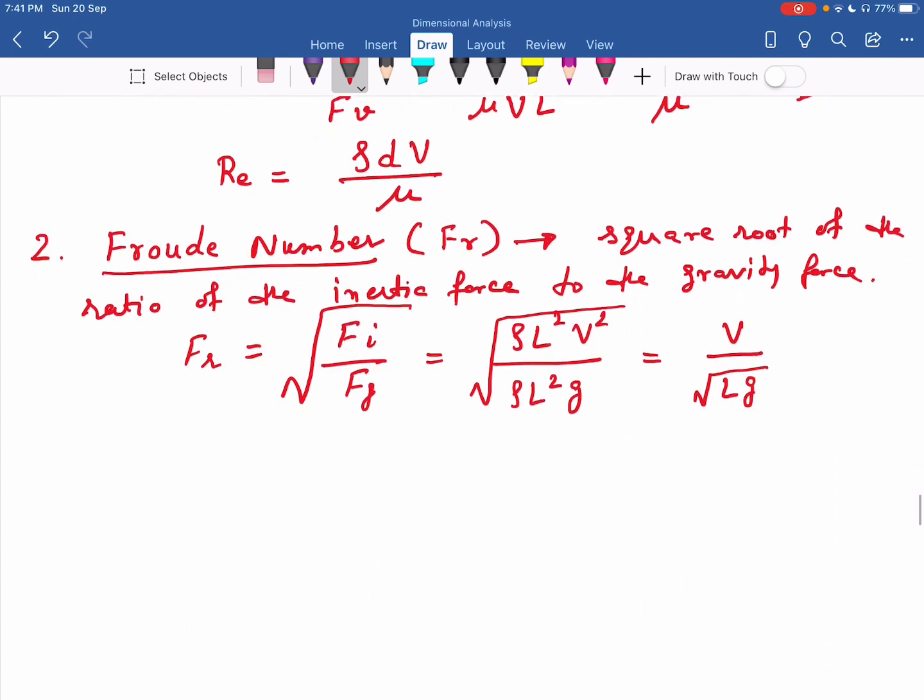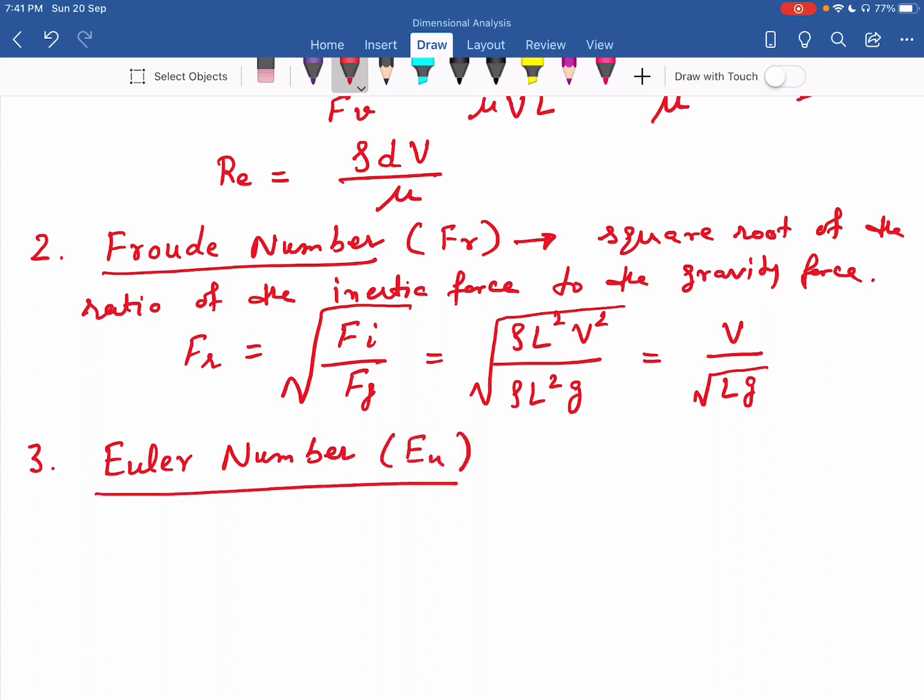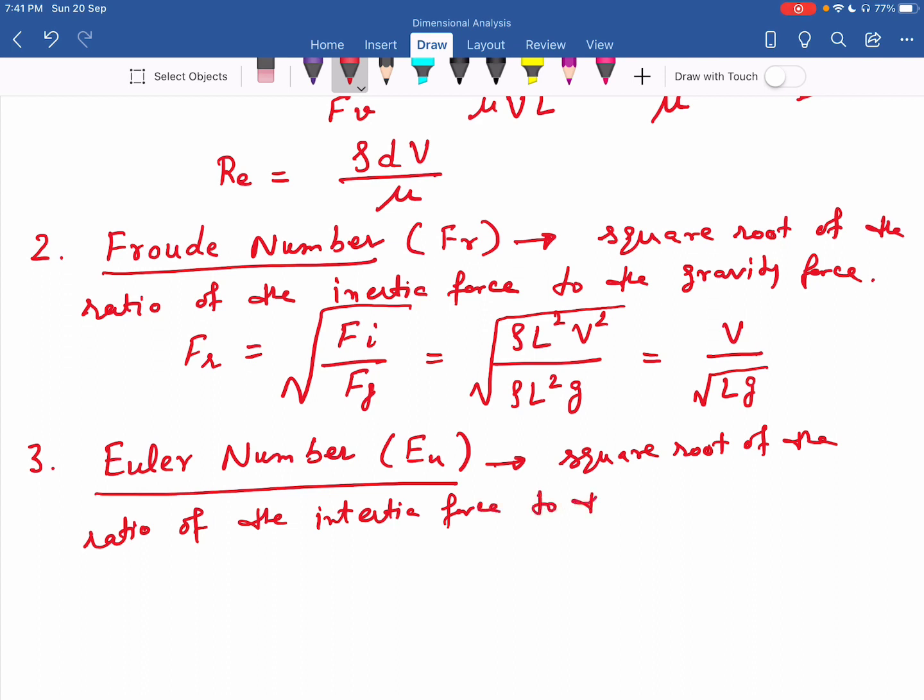Now the other dimensionless number, number 3, is the Euler number. The symbol is Eu, and it is defined as the square root of the ratio of the inertia force to the pressure force.